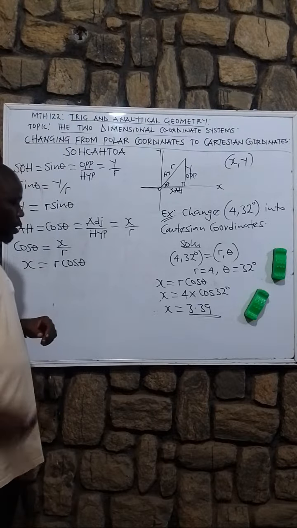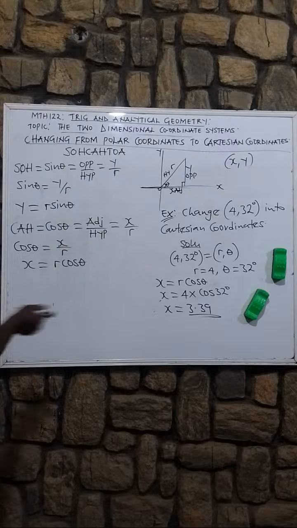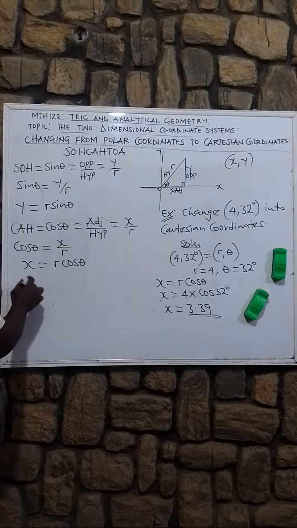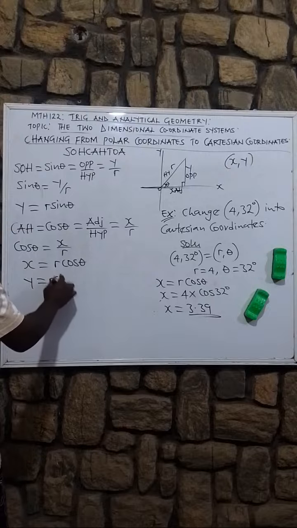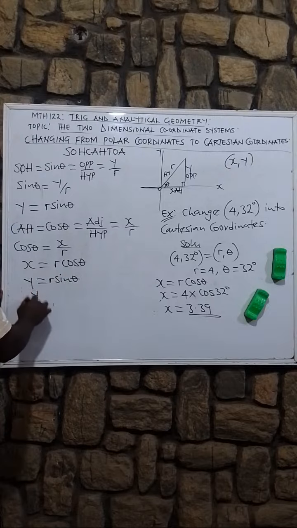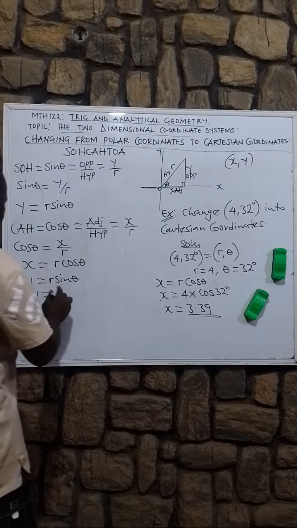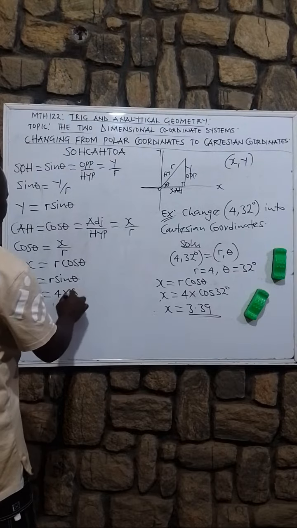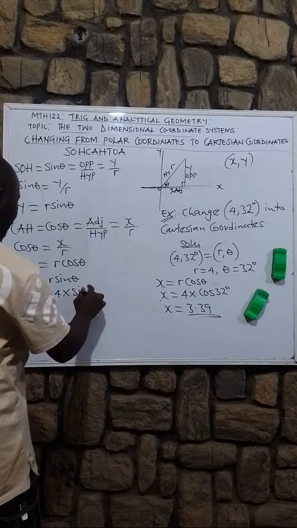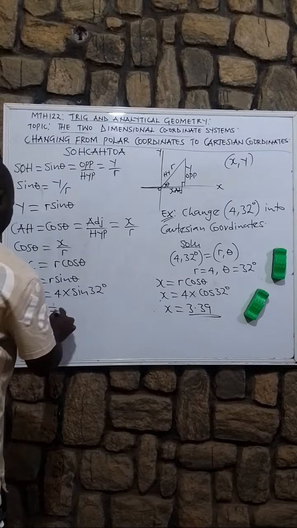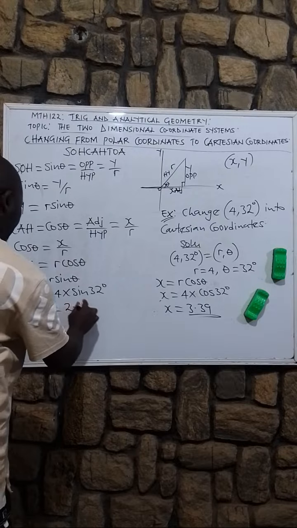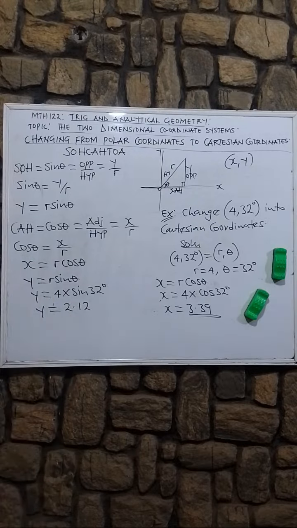Then let's proceed to consider y. So y will be equal to r sin theta. Then y is equal to r is 4, times theta is 32 degrees, sin 32 degrees. So y is equal to 2.12. Is that clear?